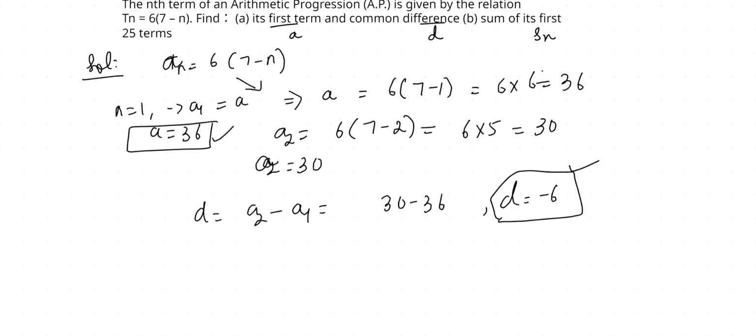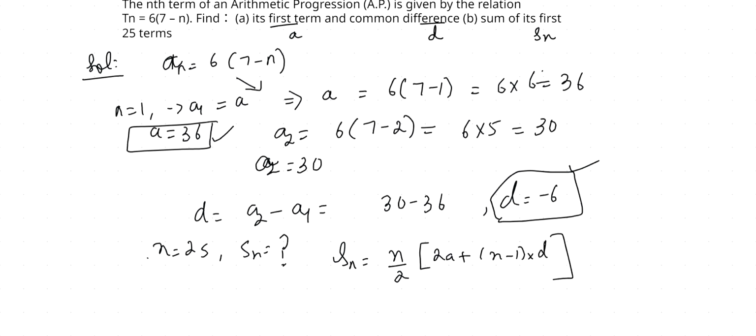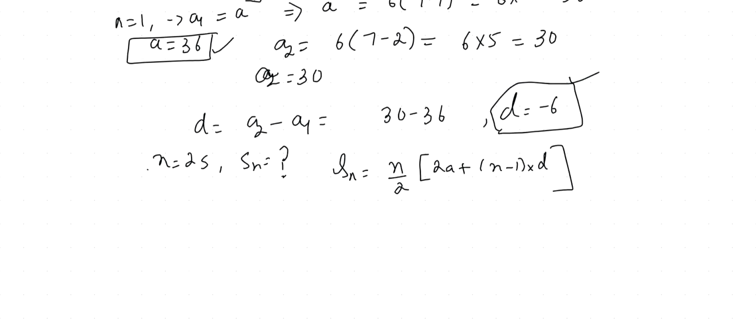I need not go and find all the 25 terms and add them. I have a shortcut, isn't it? When n is 25, what is S25? So what is Sn? Sn is n by 2 into 2a plus n minus 1 into d. I'll just plug in the values there.